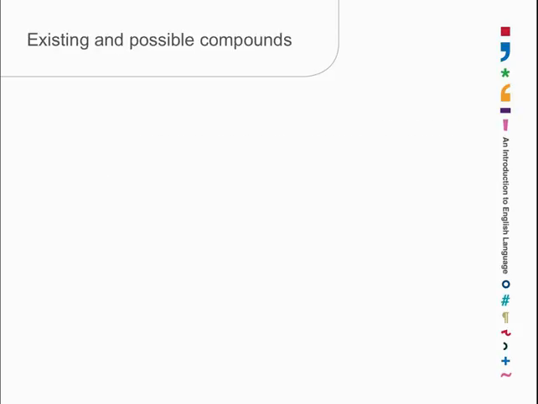We can also talk about the rules of compounding, letting us know that some compounds are possible but don't exist, whereas other compounds do exist. Some compounds are part of your vocabulary. You know them and other people know them.